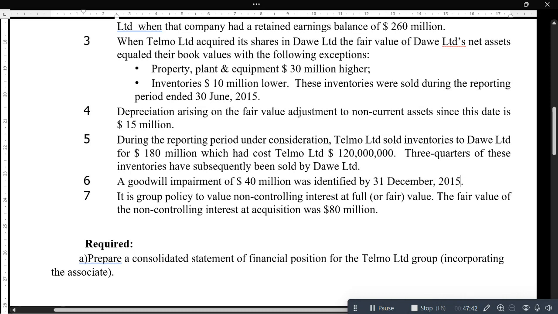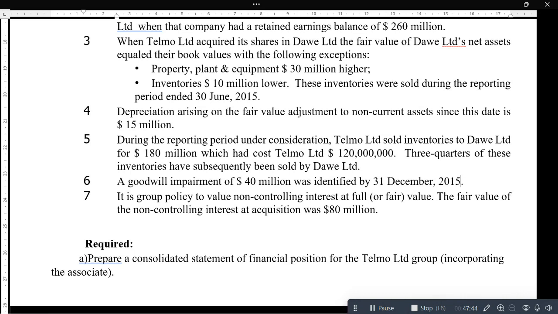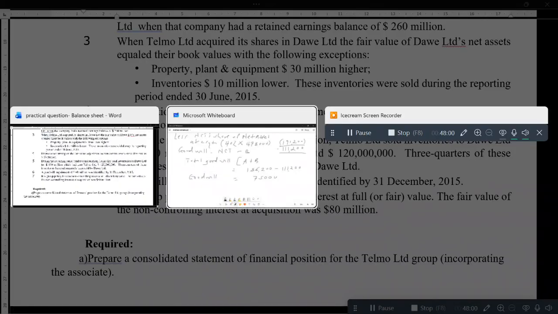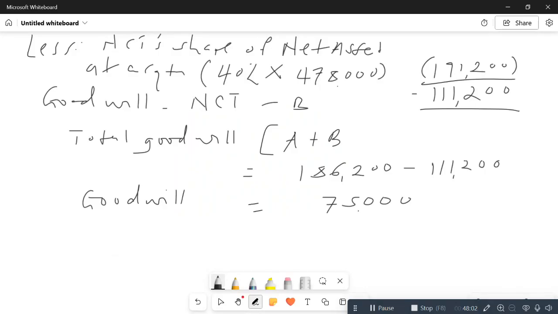We are going to subtract that impairment, that's a loss, a reduction of our goodwill. Remember, I told you goodwill is made up of different factors like reputation, patents, customer lists, among others. If there is any decline, maybe in the brand name, at the end of the reporting period, we have to reduce our goodwill by the impairment.